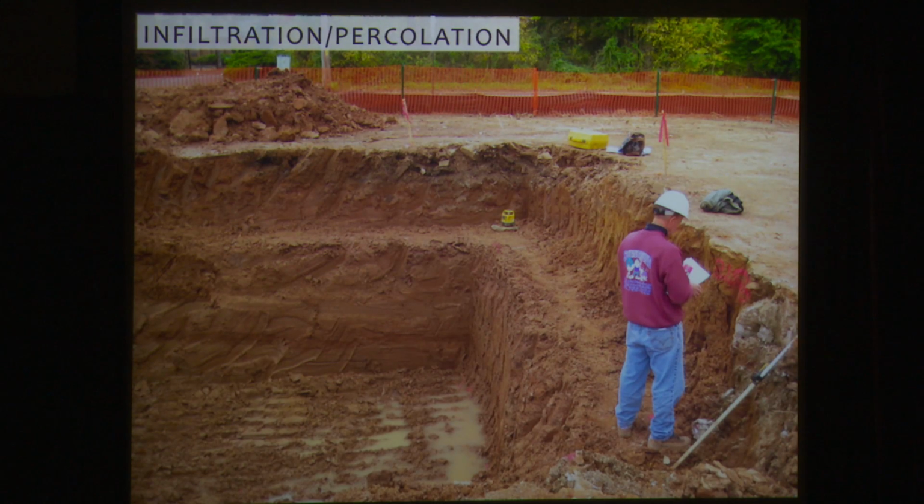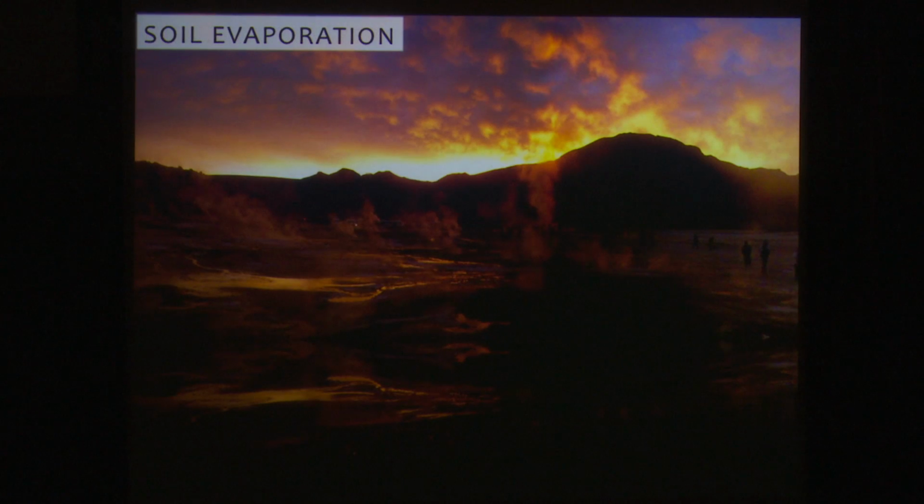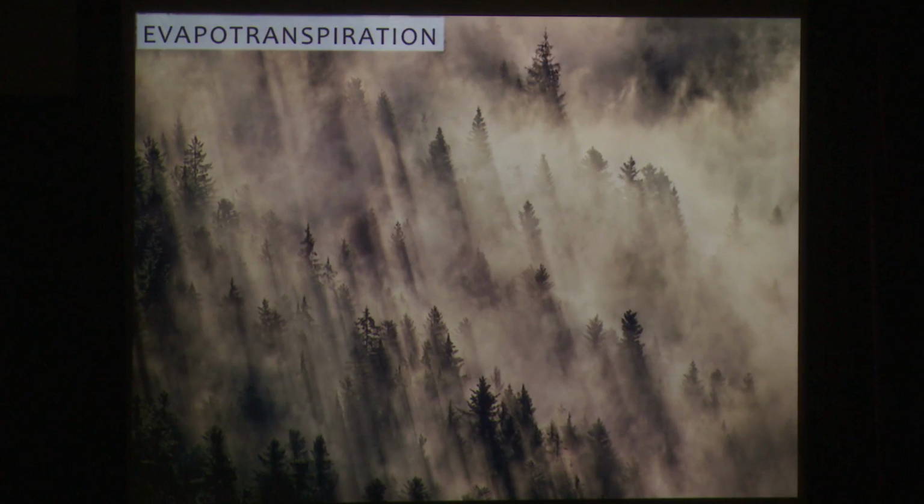How water infiltrates through soils, again, affecting how much water is available for ecosystem processes to be turned on or off. Soil evaporation, again, influencing weather, like evapotranspiration. Evapotranspiration, this is just fog, but you can imagine water coming off these plants. That would be the transpiration through the leaves and the evaporation off.